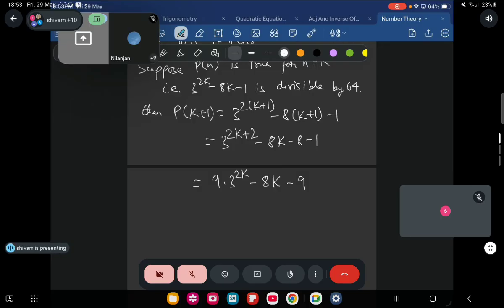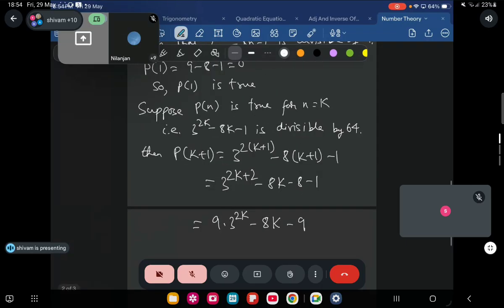Okay, I need to prove that this is divisible by 64. So I have to do some manipulation, such that one part you are getting as 3 to the power 2k minus 8k minus 1, another part you are getting as a multiple of 64.